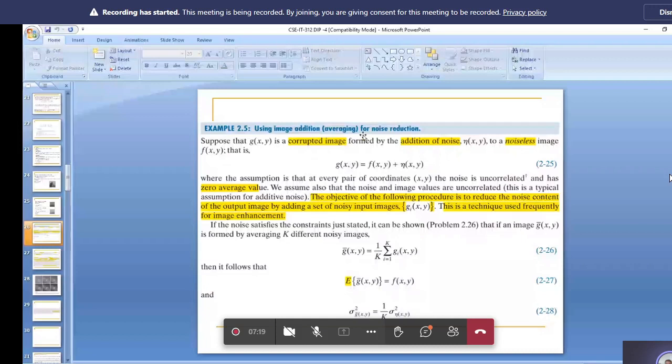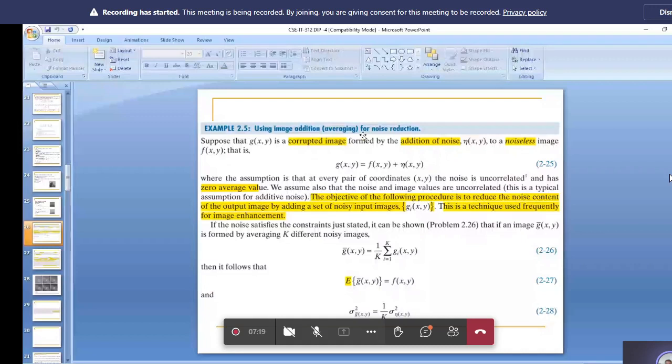Suppose this f of x comma y is your image, and this n of x comma y is the noise. If the noise is added to this image, then we obtain g of x comma y, and it is the corrupted image.